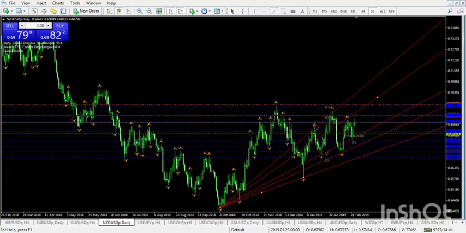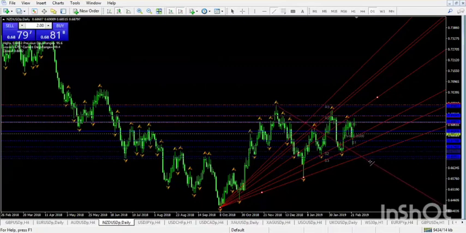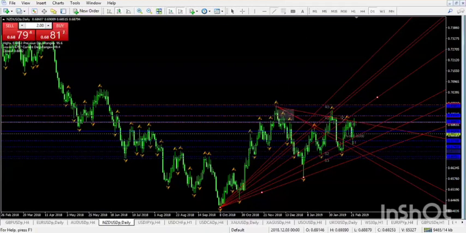So pay attention that these lines that you are drawing represent your resistances. So I am connecting every single swing high together.